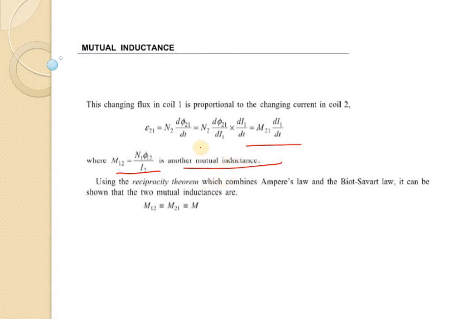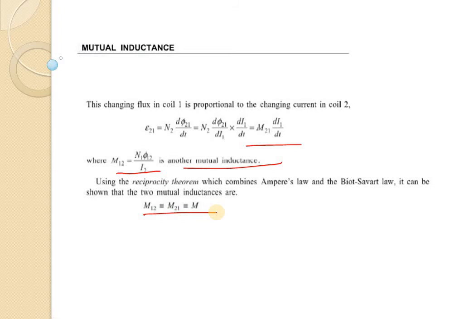That is, M12 equals M21, the effect of one coil on another. Whatever effect I create in the second coil, the same effect the second coil will give to the first coil.